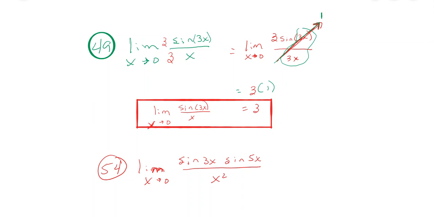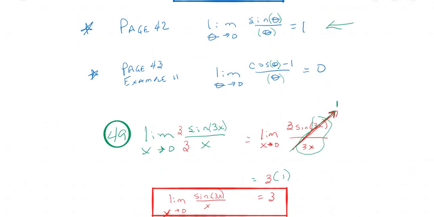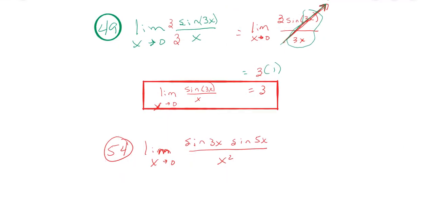And when you see this combination of x going to 0 and then you see sine of something, your instinct should be to try to maneuver it or manipulate it into this concept of sine of something over something. Okay, so this one is a 3x and needs a 3x underneath, and this one is a 5x and needs a 5x underneath. Would you agree?